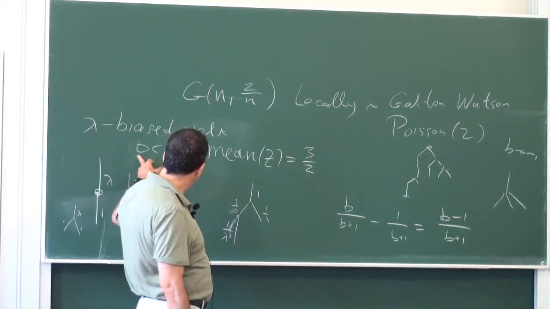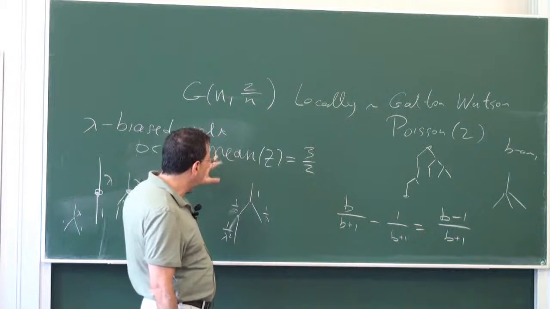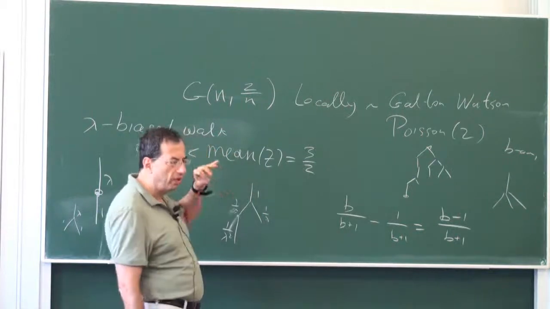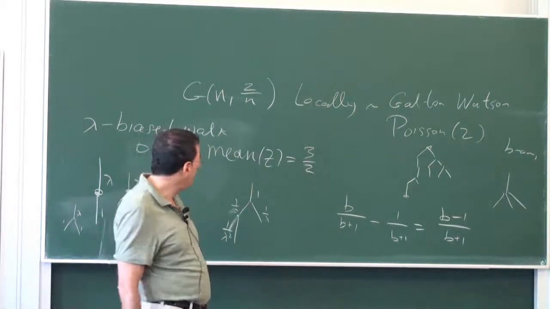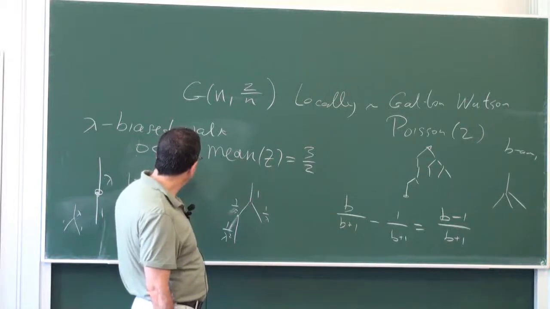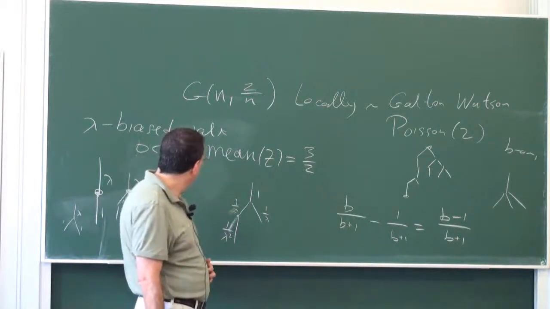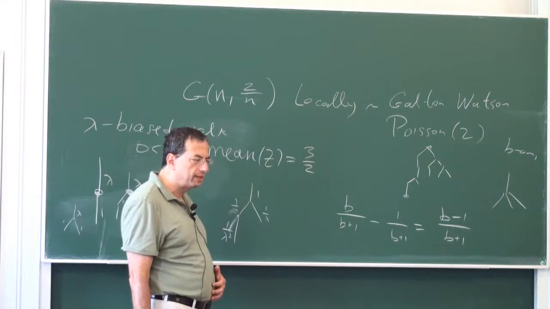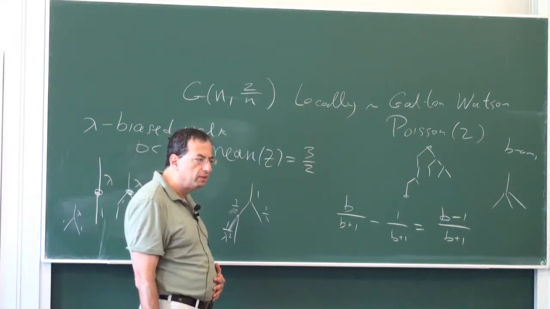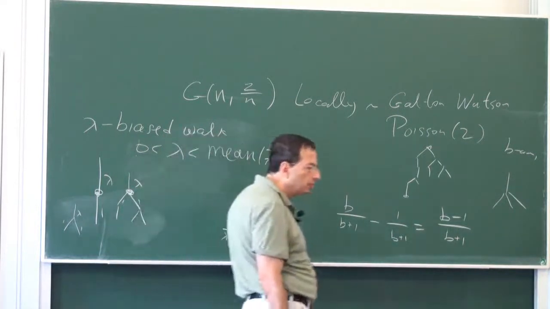Again, I'm considering trees that have no leaves, so every vertex has at least one child. For all these values of lambda, the walk is transient and it has a positive speed. But what is the speed?